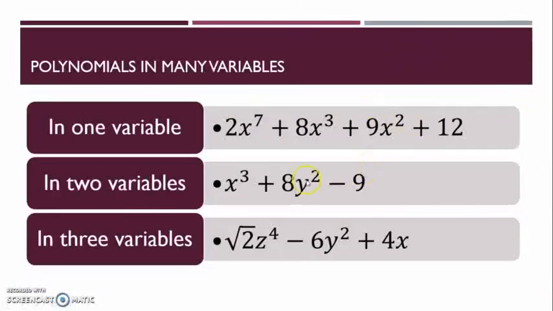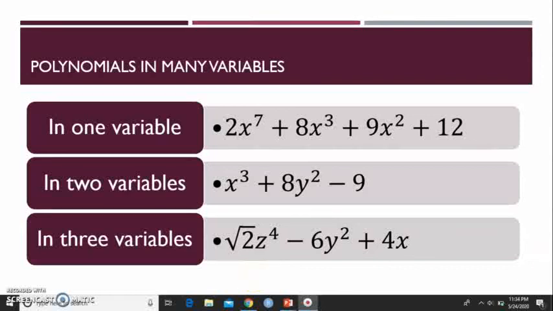Now let us look at polynomials in many variables. Till now we have seen only polynomials in one variable. We can have polynomials in two variables also, like x cube and y square. We can have them in three variables, here we have z, y, and x. So polynomials can be in many variables: one variable, two variables, three variables, four variables, five variables, or any number of variables.